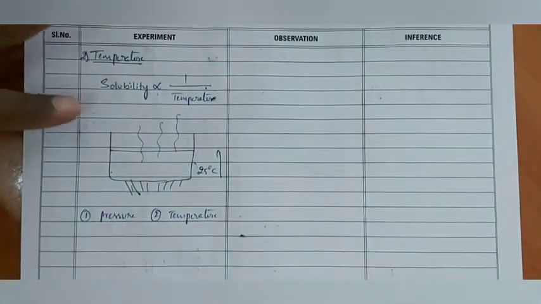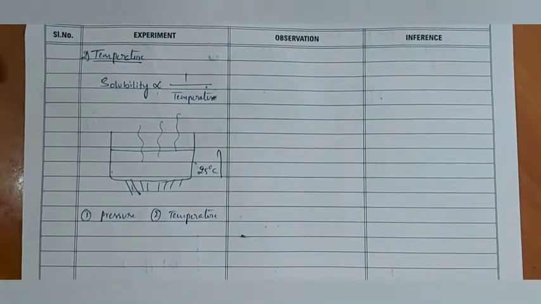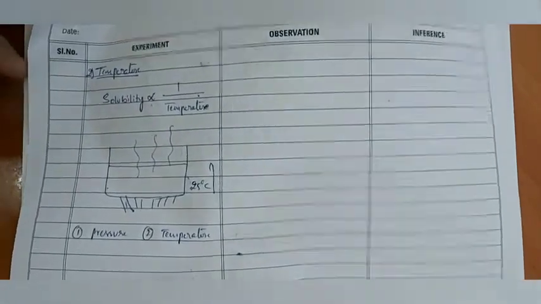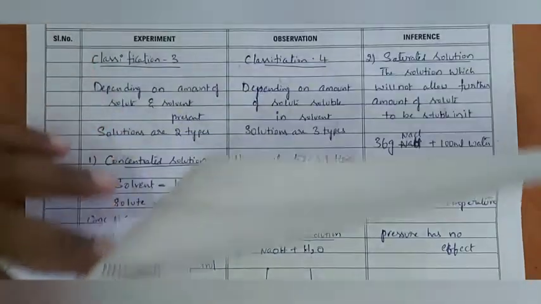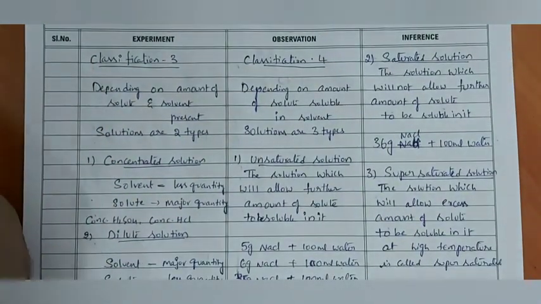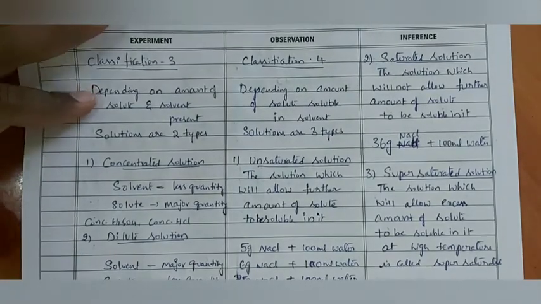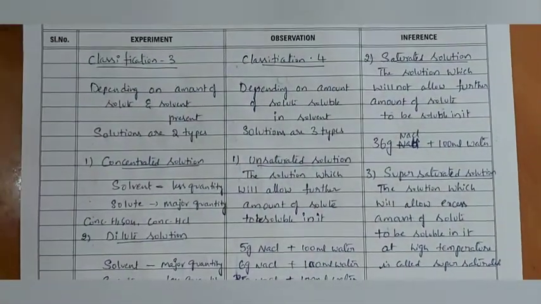This is about solubility and factors affecting solubility in different types of solutions. I hope you are clear. In today's class, we have completed up to solubility. In the next class, we will start with applications of Henry's law in general days, and after that we will go through concentration terms. In today's class, we started with solubility.